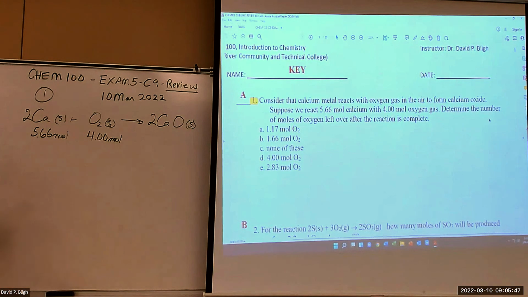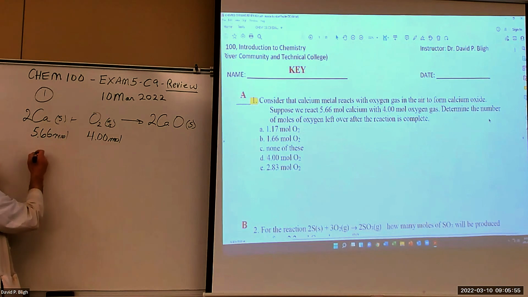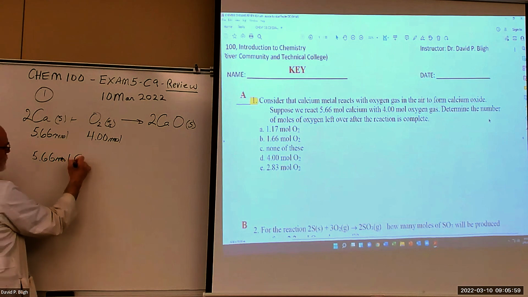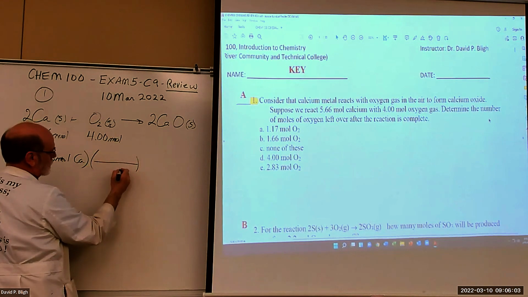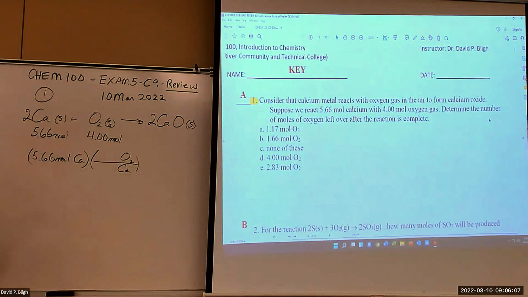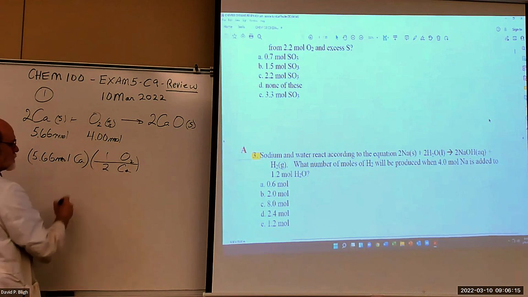So there's one surefire way to figure it out. How do you change 5.66 moles of calcium to oxygen? Like that. You need a conversion factor to go calcium to oxygen. And the conversion factor is coefficients. That's why you need a balanced equation. So 2 calciums and 1 oxygen here.